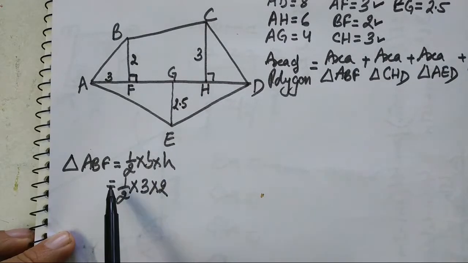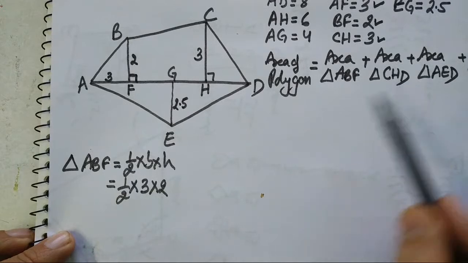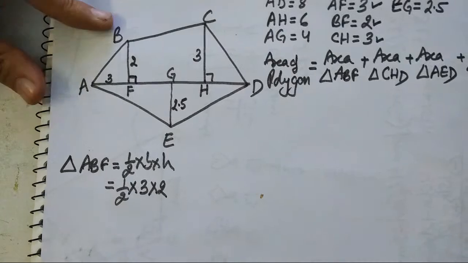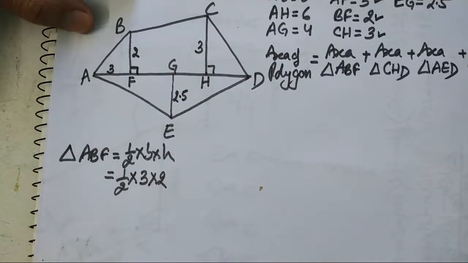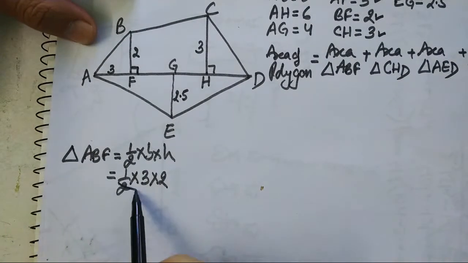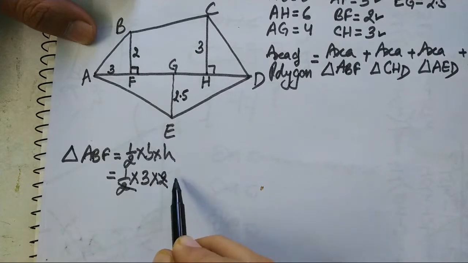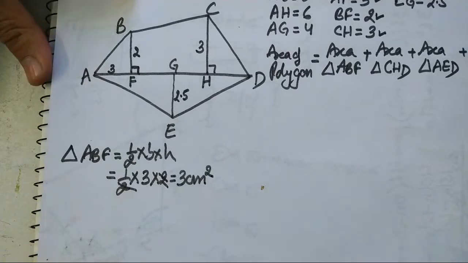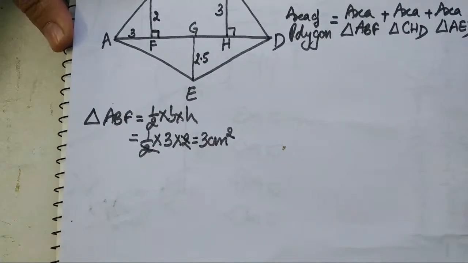So I can put this here and I can put it separately. But the point is area should be solved correct. So this is easy. Area of this triangle becomes 3 centimeter square is the area of the first triangle.